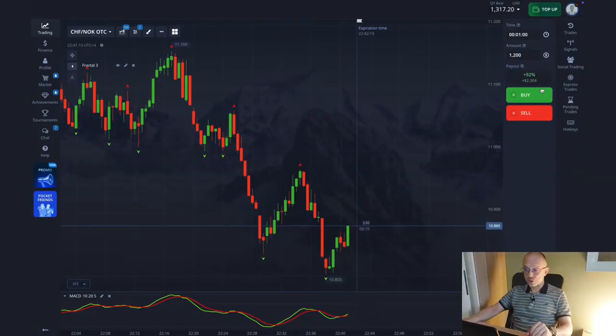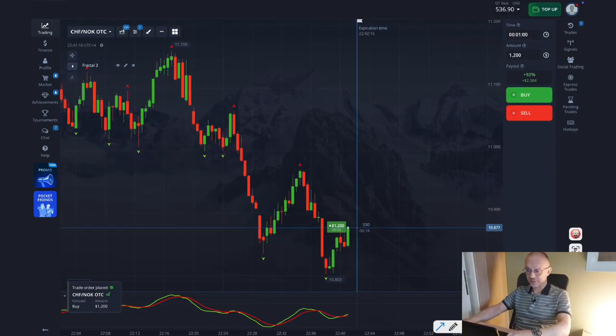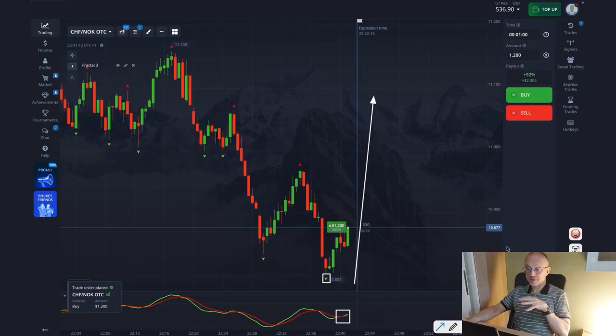After a short pause, the following scenario develops. Expiration is 1 minute, and I'm opening a long trade for $1,200. After a prolonged period of decline, it becomes apparent that the chart has completely lost its previous downward momentum. The candles are losing momentum, the movement is slowing down, the impulse looks exhausted, the market seems to be pausing to restore balance.